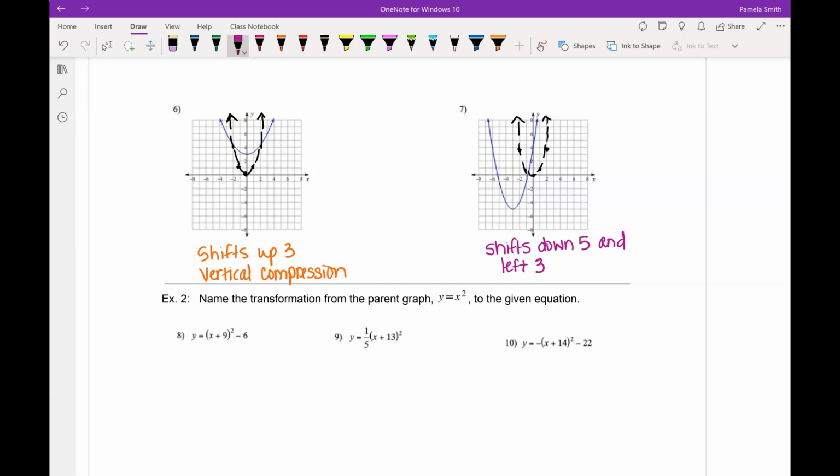Okay, we didn't have a reflection. We don't have vertical stretch or vertical compression here. We just have a basic shift. So it's just being able to know what the parent function should look like and understanding what has happened.